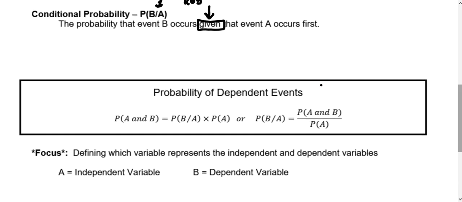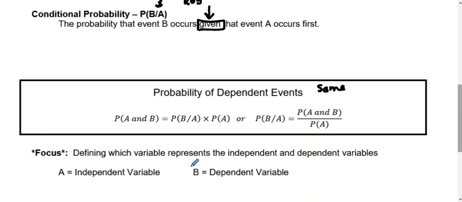These are the same formulas, just rearranged. Sometimes we're going to use this formula: probability of A and B equals the probability of B given A times the probability of A. Or sometimes we're going to solve for B given A, where it's the probability of A and B divided by the probability of A.